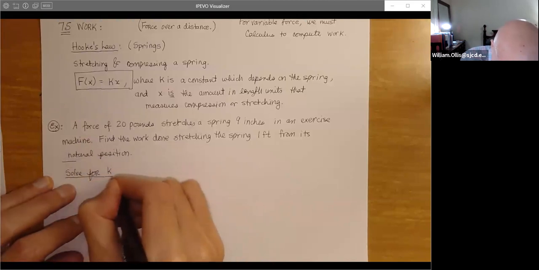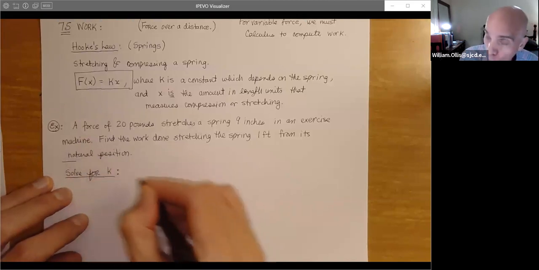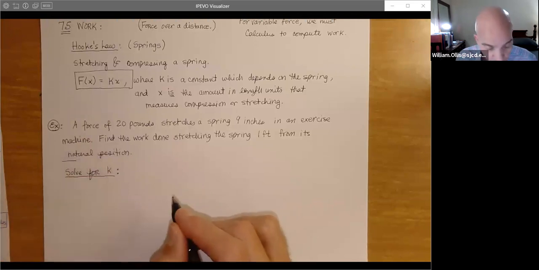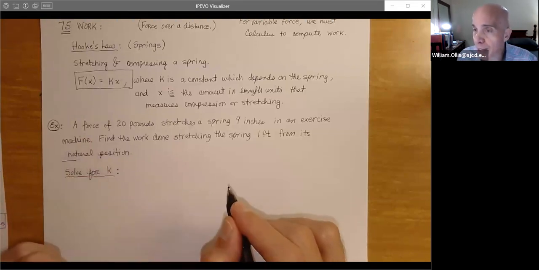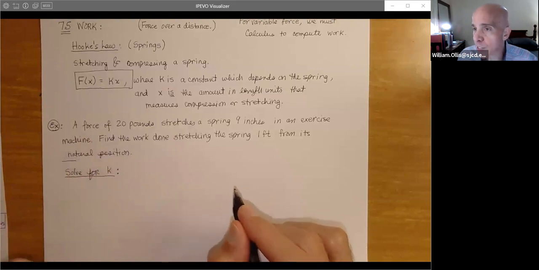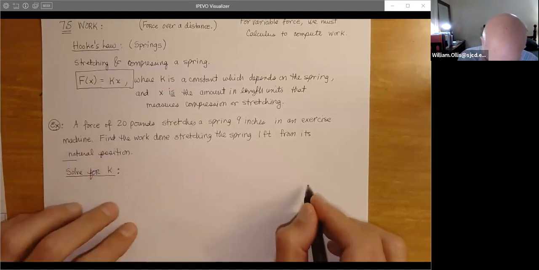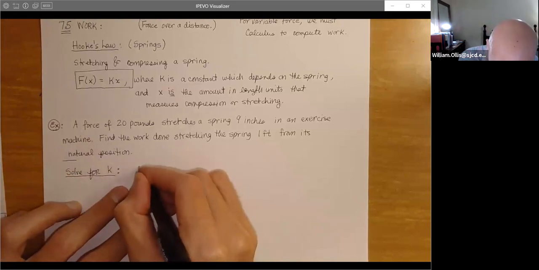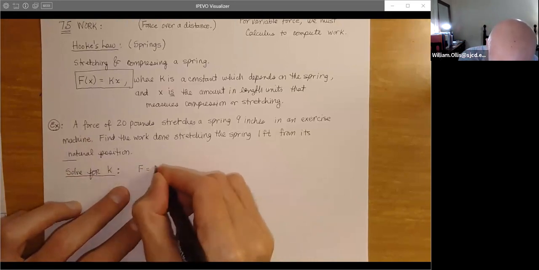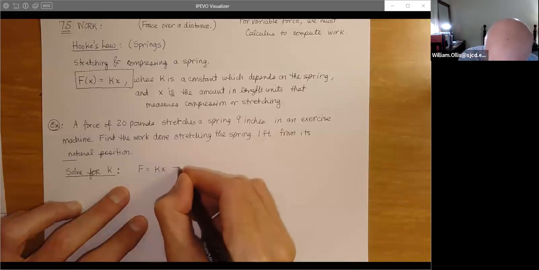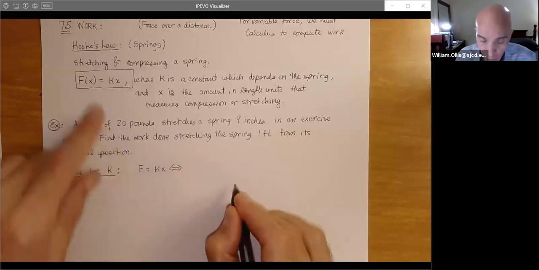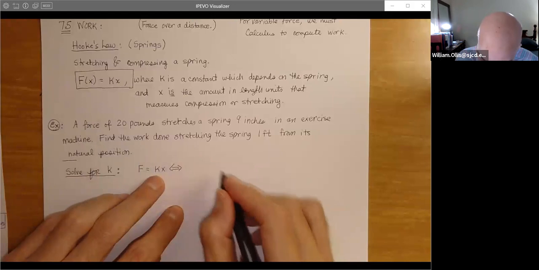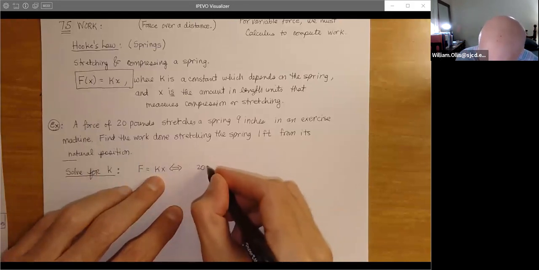I know in physics, you're a lot more worried about that, but the work in this case will be in foot-pounds. Or for instance, if we're using MKS units, it will be Newton meters. So solve for K. So we have force equals Kx from Hooke's law here. And so we have a force of 20 pounds.